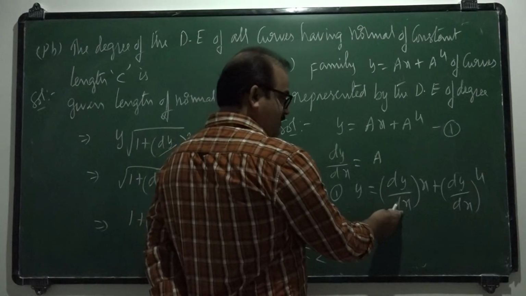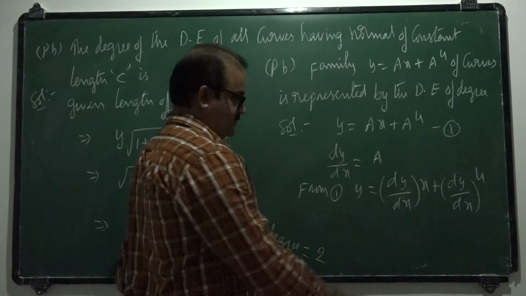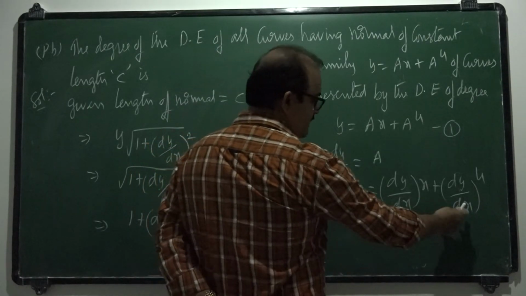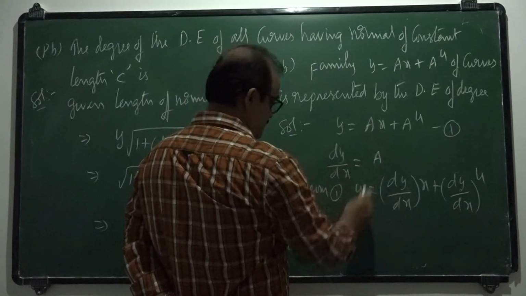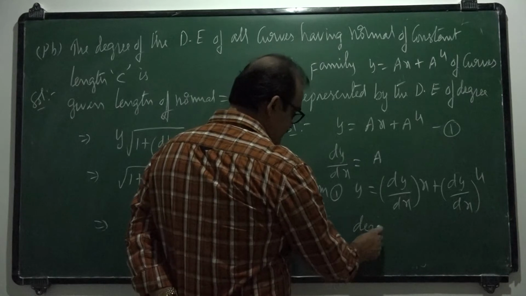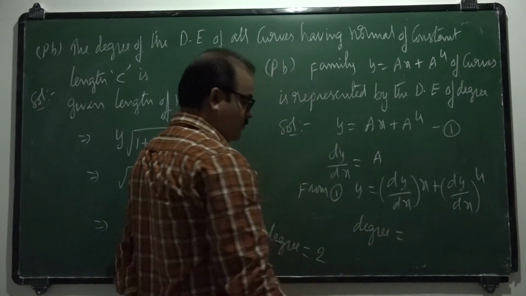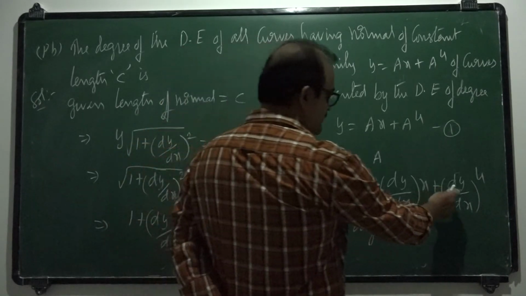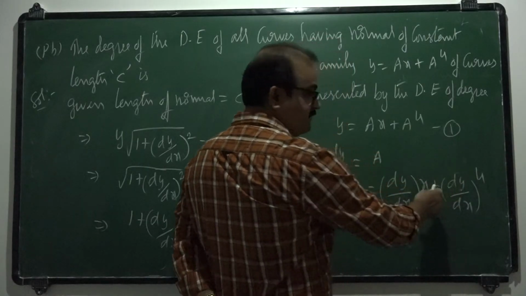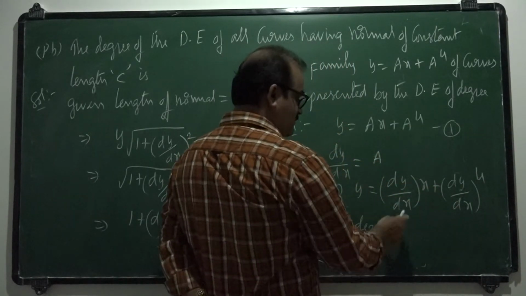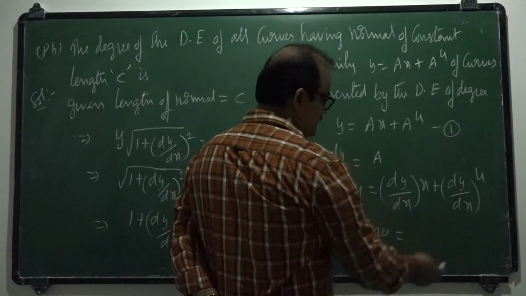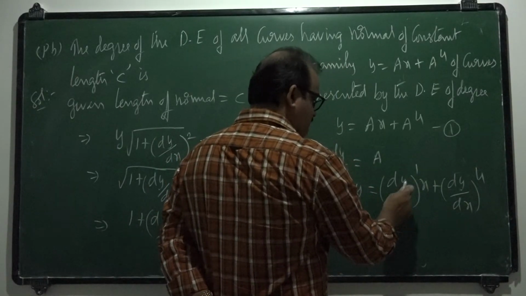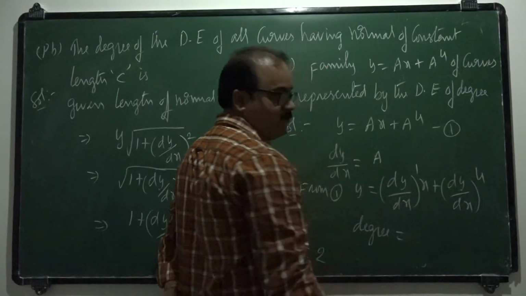What is the order? Order is 1 because it is the first derivative, it is also the first derivative. Here we need degree. What is meant by degree? It is the highest power of the highest derivative. See here, it is the first derivative, it is also the first derivative. Its power is 1, its power is 4.